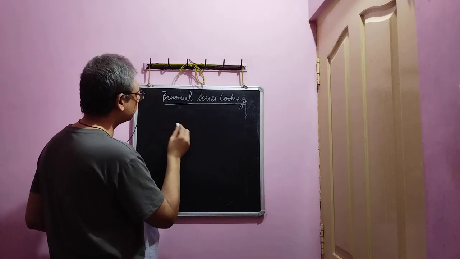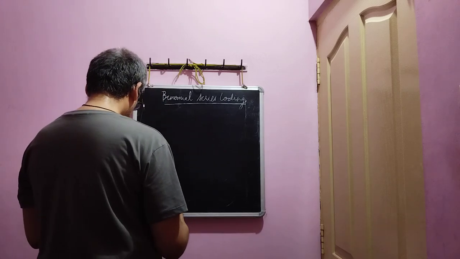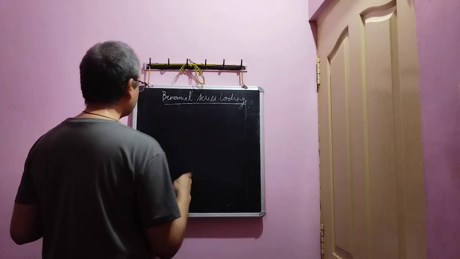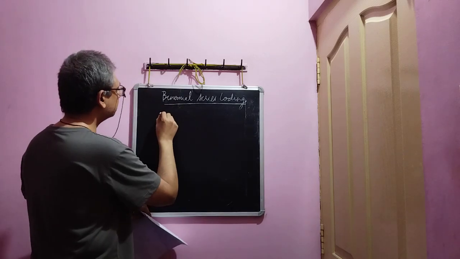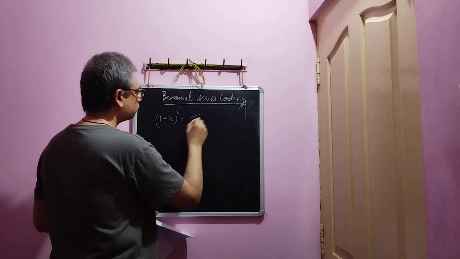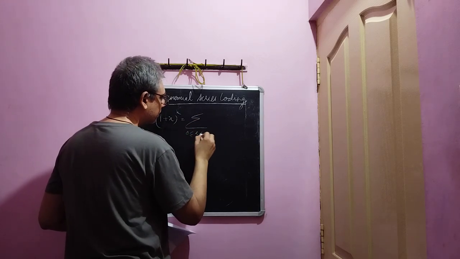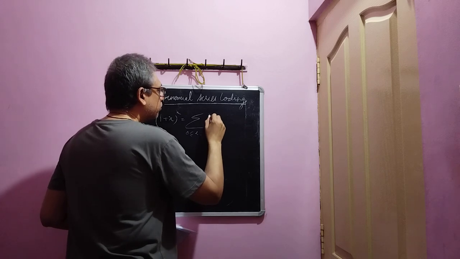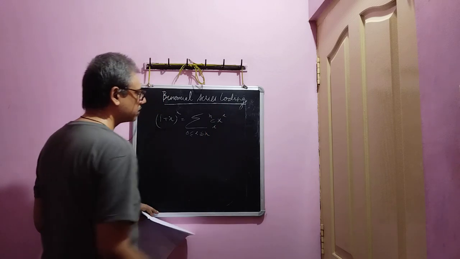To answer that question, we proceed as follows. Now in this particular binomial series, (1 plus x) whole power n is equal to summation of nCi x power i.